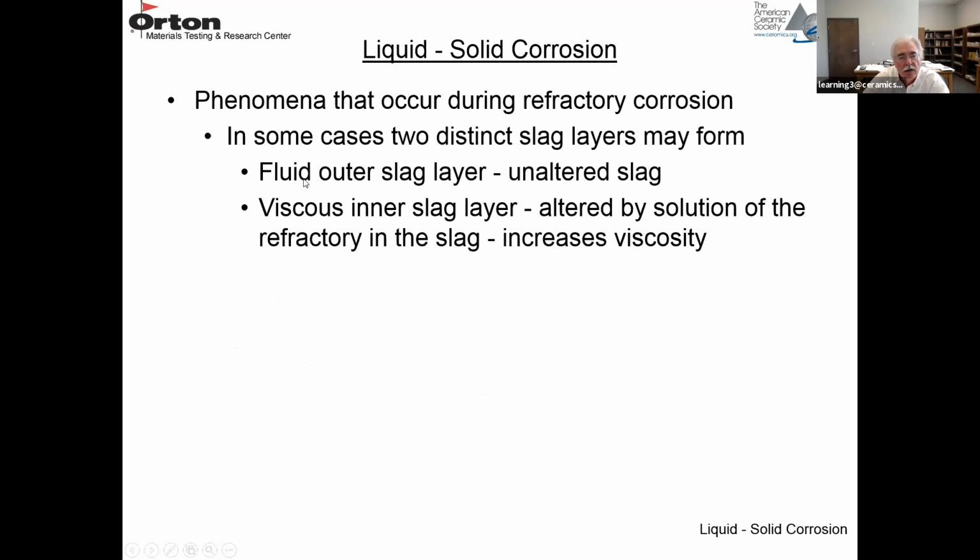You might have a fluid outer slag layer that is the unaltered slag, and you might have an inner slag layer in contact with the hot face that's more viscous because it's been altered by the refractory. So some of the refractory has dissolved into the slag, and generally that increases the viscosity of the slag in contact with the refractory.